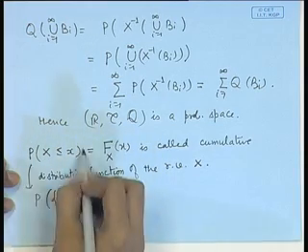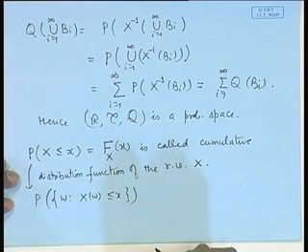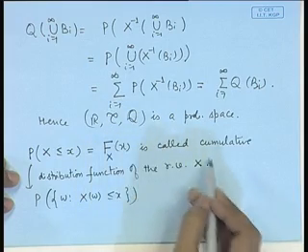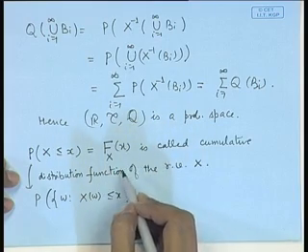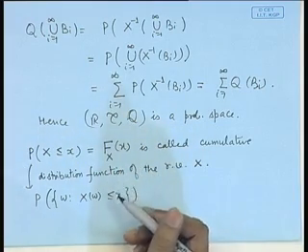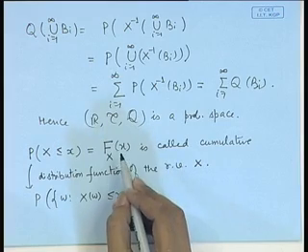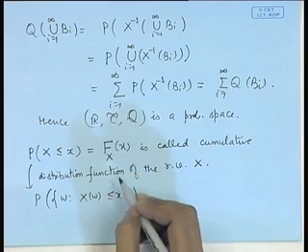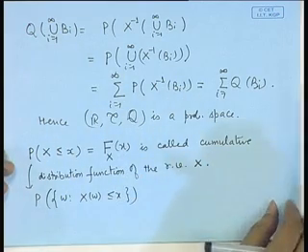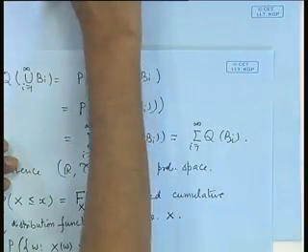This is an abbreviation we will be writing down like this. This function is quite useful in talking about all types of probability statements of the random variable X. So first of all, this cumulative distribution function satisfies certain important properties.